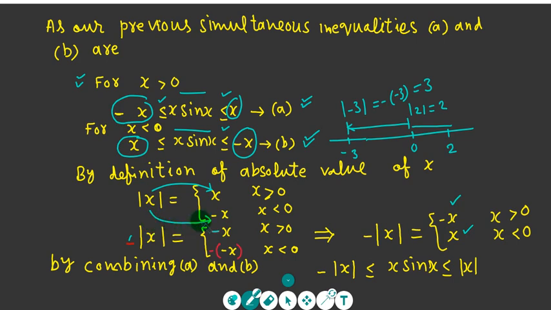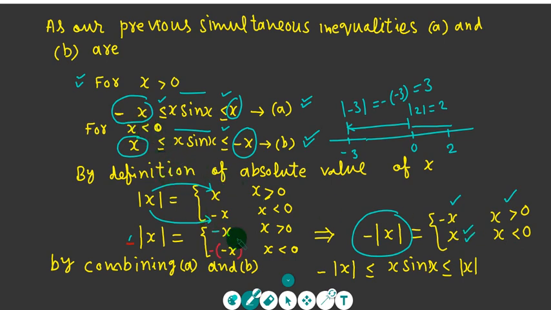Now we make the general. For positive values here is minus x and for negative values here is positive x. So in general simultaneous inequality we can write this, because for positive real numbers it is minus and for negative real numbers it is positive.